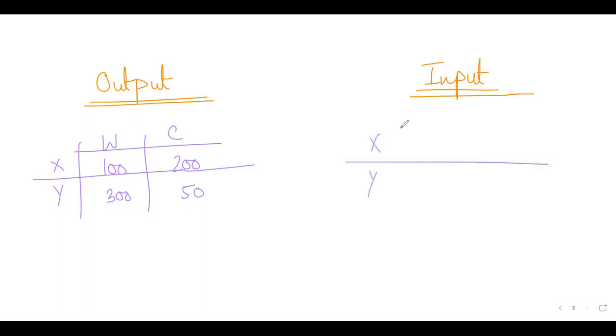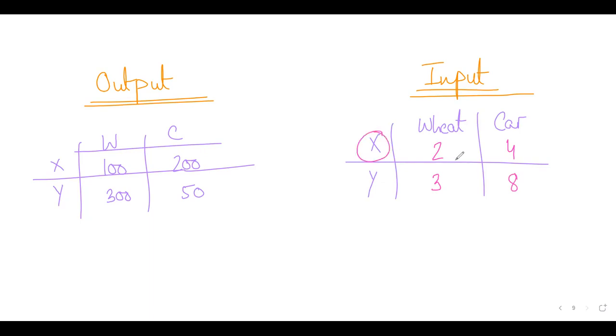Whichever country can produce something with low resources, that is the product that it has absolute advantage in. So if X can produce something with 2 inputs and this with 4 inputs, and Y needs 3 and, let's say, 8, in this case, I'm talking about absolute advantage.